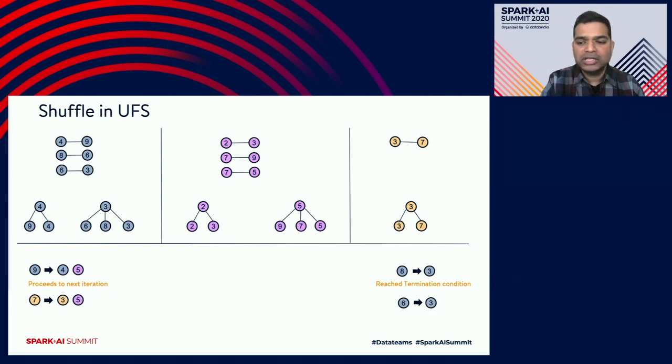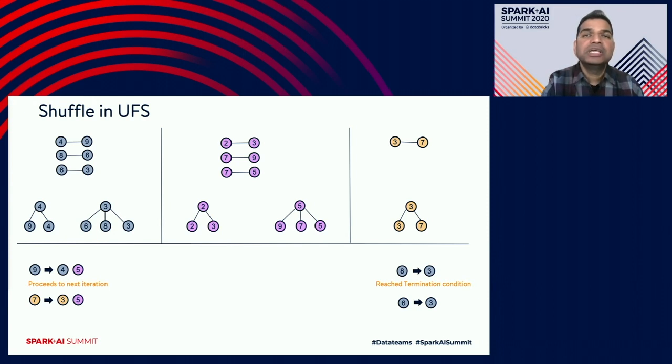Here are a couple of examples showing nodes which have more than one parent and need to proceed to further iterations, whereas node number 6 reached its termination condition. The beauty of this shuffle algorithm is that at every iteration, a significant number of nodes will reach their termination condition, and they don't need to proceed further into other iterations.